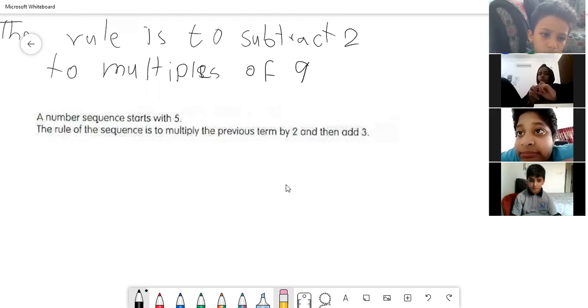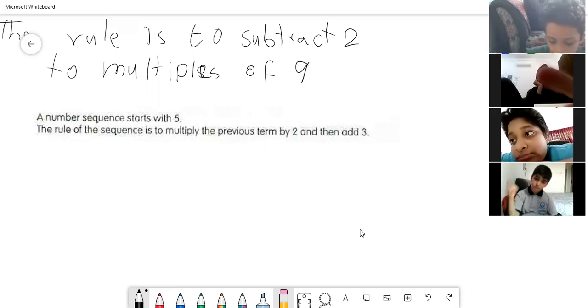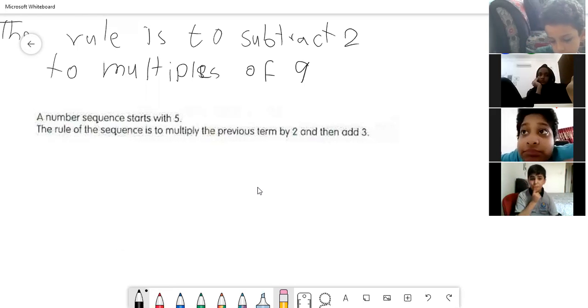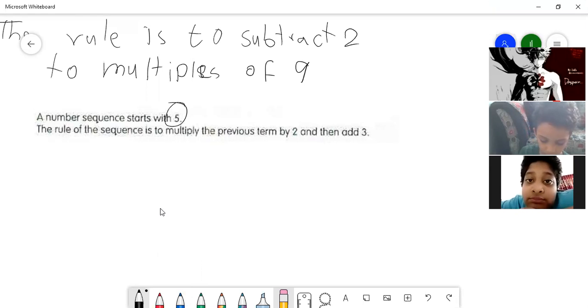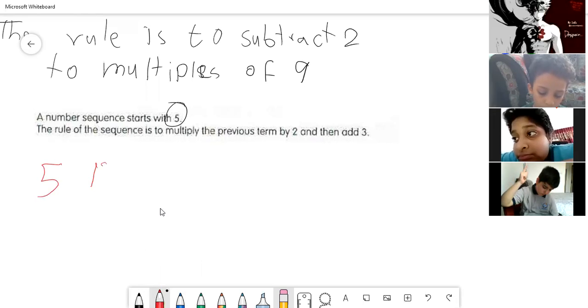So what should we do to figure out the sequence of this rule? What is the first term of the sequence? It is 5, because the number sequence starts with 5. So the first term is 5.